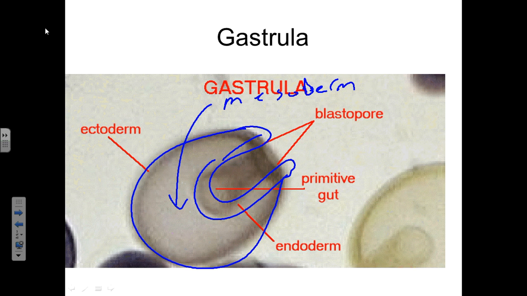And those three germ layers are the parts of your body in charge of making you. Each layer makes different parts of different organ systems and such. Again, this hole here is the blastopore, and that leads into this cavity right in here. And that's called the archenteron, or the primitive gut, and that becomes your digestive system.